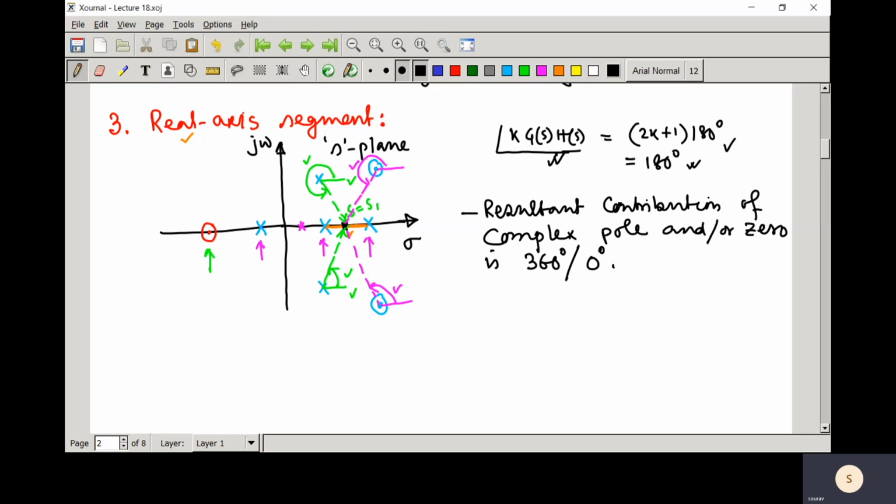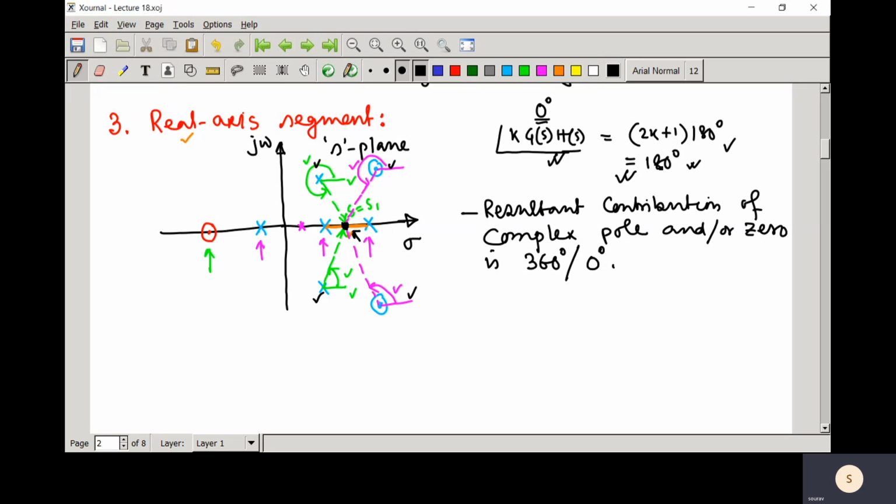So that means if you have complex conjugate poles or zeros like this and that, you can have 0 degree here. Now, take one particular point on the real axis, suppose this point. s equal to s1 would be the root of the characteristic equation if it satisfies this particular angle condition.